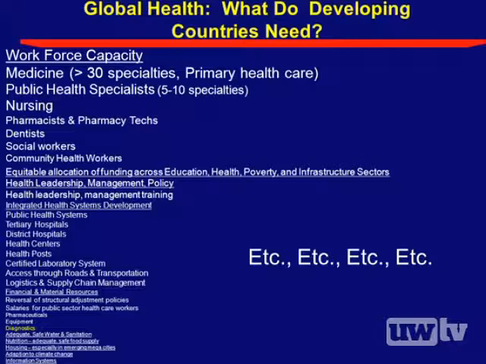Part of the IMF and World Bank structural adjustment policies are undergoing reversal, and more of that is needed. There's a need for salaries for healthcare workers in the public sector. We need to provide pharmaceuticals for conditions other than HIV/AIDS. Equipment, I put diagnostics in yellow. We need adequate safe water and sanitation, nutrition, adequate food, housing, adaptation to climate change, information systems.